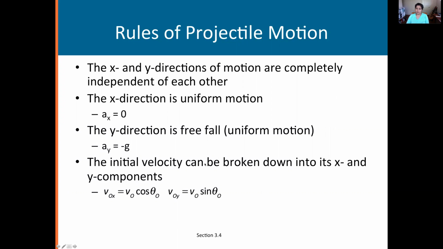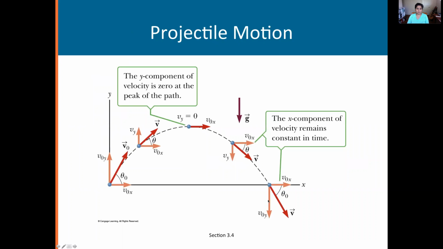If we know the initial launch velocity, we can break it down into its X and Y components. v0x is given by v0 cosine theta 0, where theta 0 is the initial launch angle. v0y is v0 sine theta 0, okay? And we'll do problems based on this so that it becomes more clear how to apply these formulae.